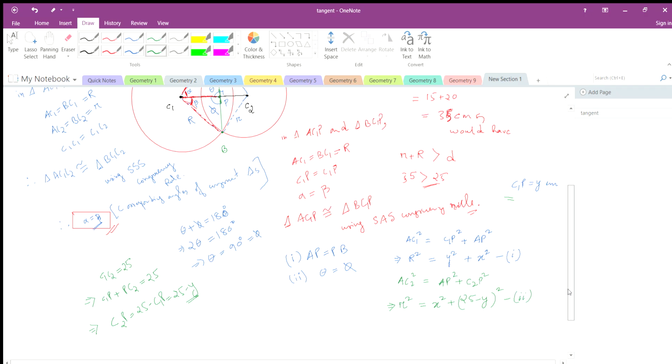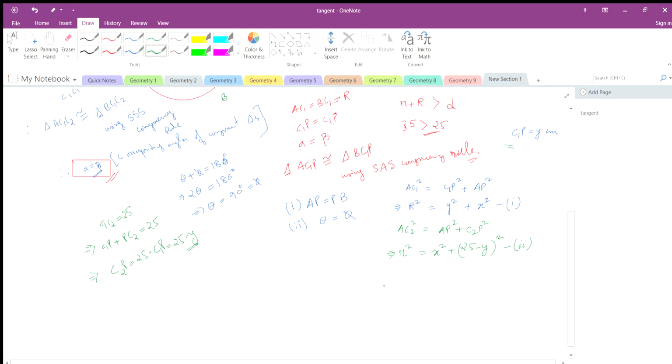We have two equations and two variables, so we can easily find out the values of the two variables. So I will expand the second equation. What is smaller? Smaller is 15, right? So 15 square equals x square plus 25 square minus 2ab. A minus b whole square is a square plus b square minus 2ab.